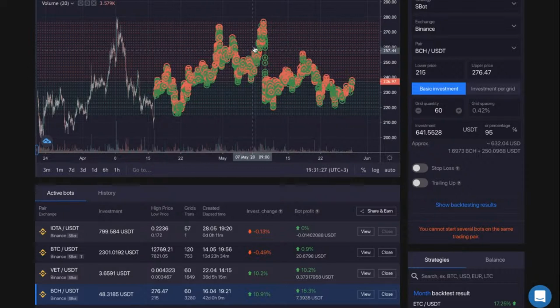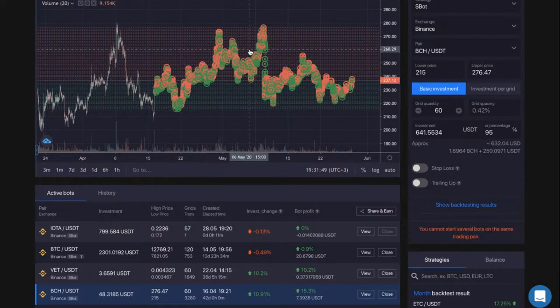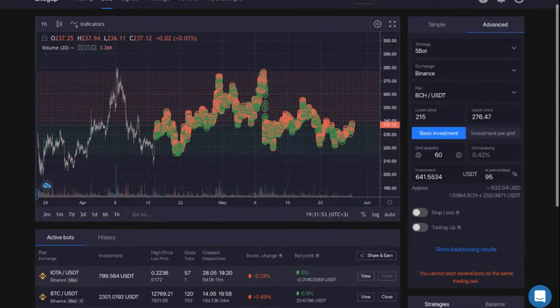During this period of time, the bot has managed to accumulate that amount of profit for me. But notice that I just had a $48 investment in this bot. But 15% is quite an impressive result for the sideways market.